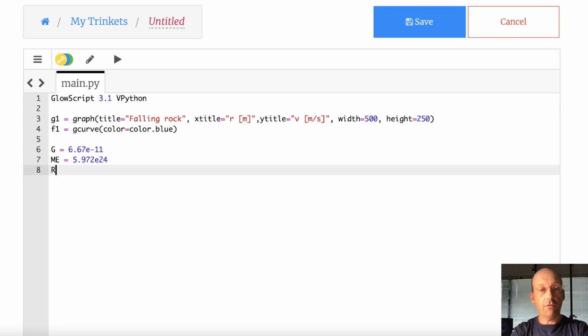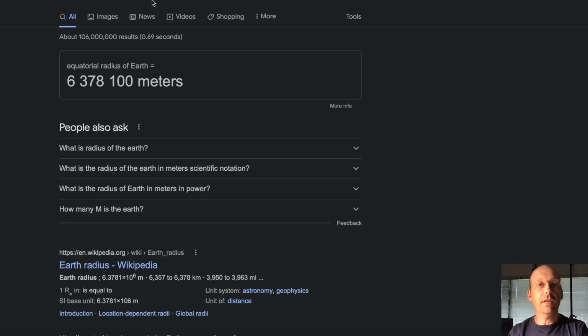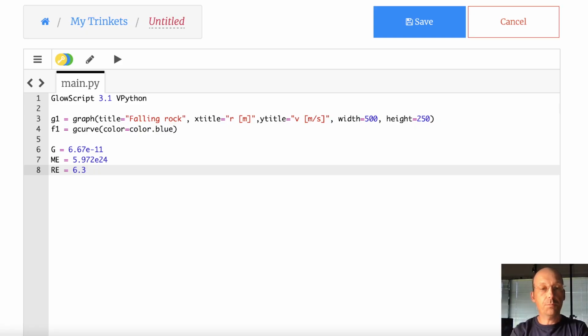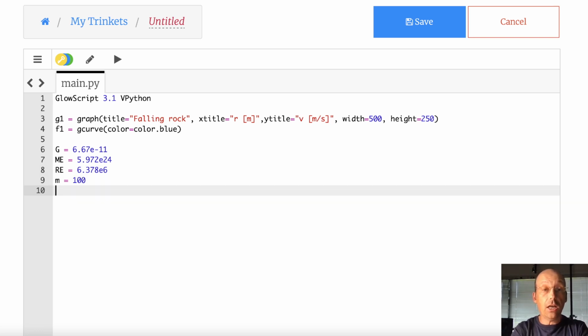Okay, the radius of the Earth, RE, is 6.3. Is it 6.3? Radius of the Earth in meters. It's 6.378 times 10 to the 6th. The mass of the object is 100. And then I'm going to say R equals 2RE.